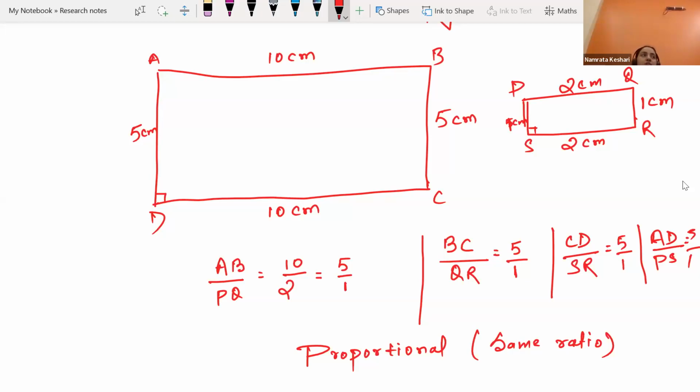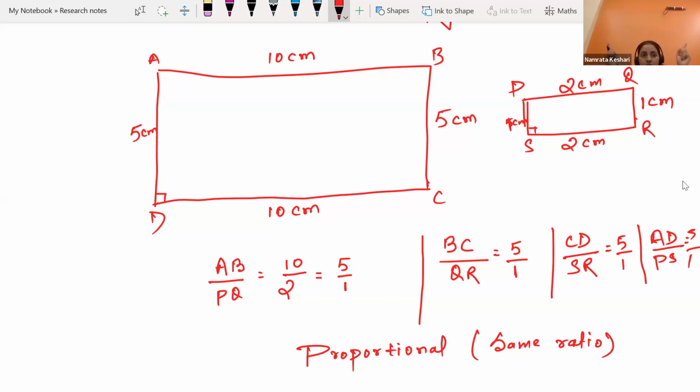So for similar figures, what are the criteria? The sides must be in proportion. If you have a shape, then you must stretch it or compress it by maintaining a proper ratio between the sides, not randomly stretching here and there. We stretch it with a very specific measurement.